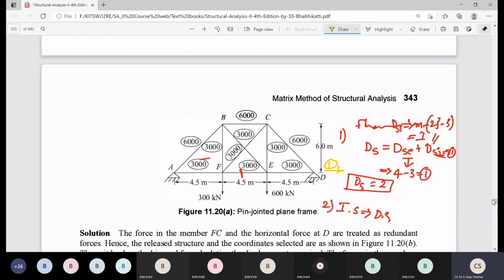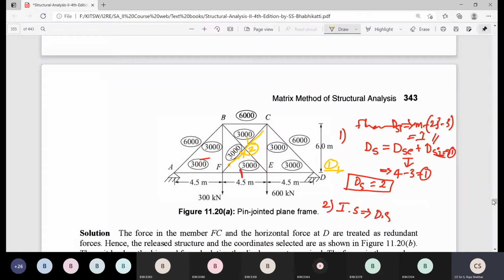So I want to release this member, this member force. Okay, so this is the coordinate direction 2. So assign the released redundant forces, force 1 and force 2. I am assigning the coordinate directions.